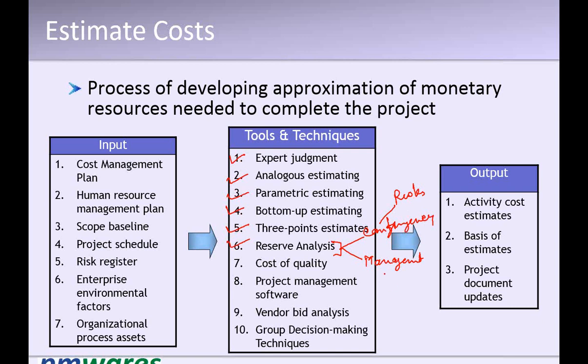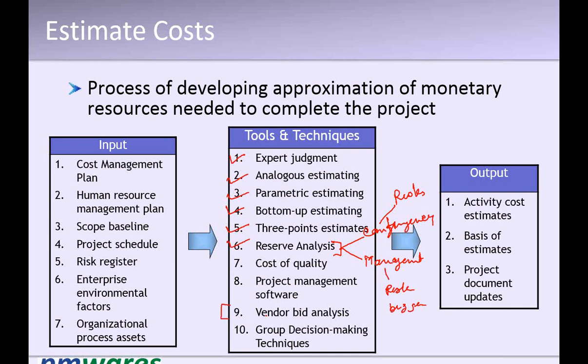Management reserves are for risks that are bigger and beyond what the project can handle, like disaster recovery. This can apply to multiple projects, not only this project, or to risks which you failed to identify. Those things are handled by management reserve.